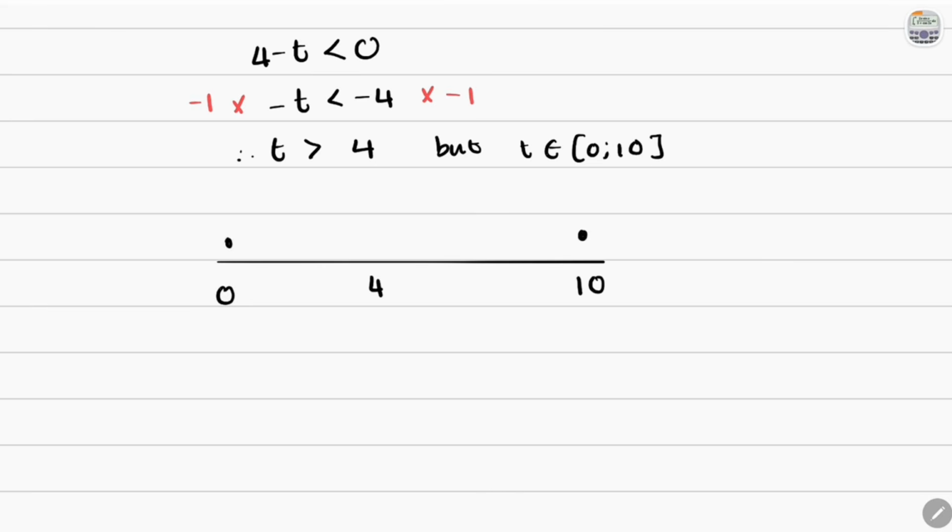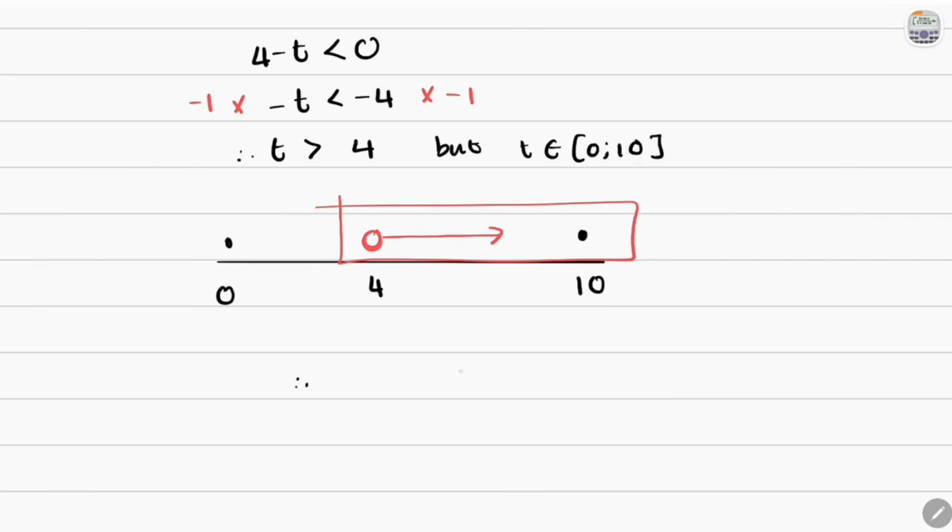Since t is greater than 4, we start here, and we're saying values greater than 4, so all through here. Our answer should include numbers like 5 and 6 and everything greater than 4, because they didn't say that we can only use integer values.